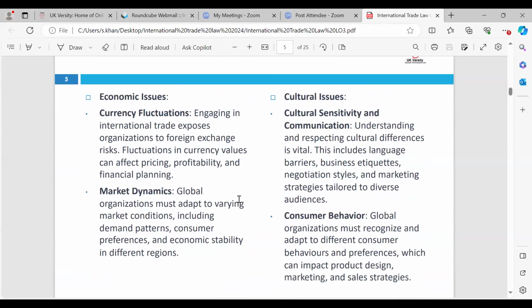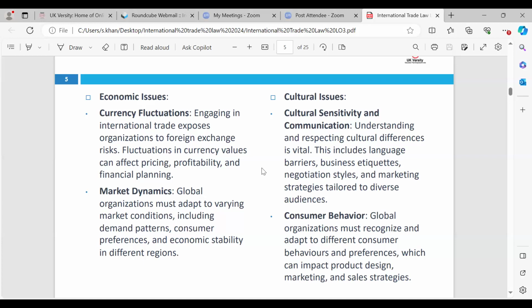Economic issues such as currency fluctuations. Engaging in international trade exposes organisations to foreign exchange risks. Fluctuations in currency values can affect pricing, profitability, and financial planning. Then you've got market dynamics.